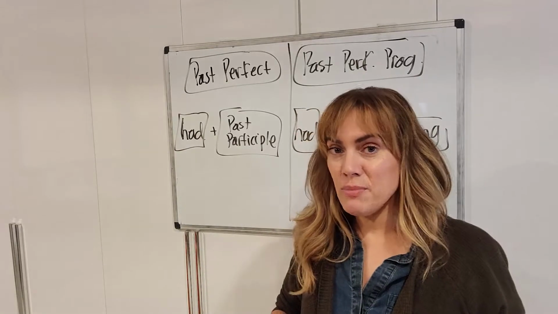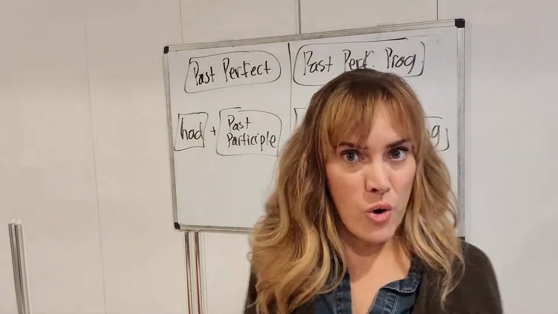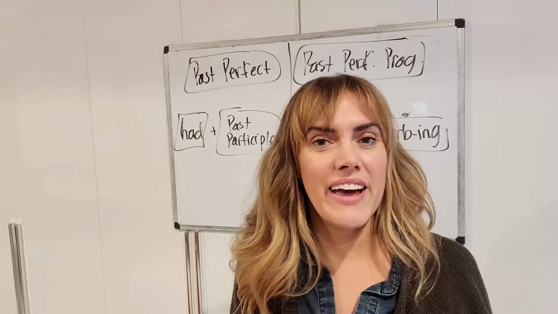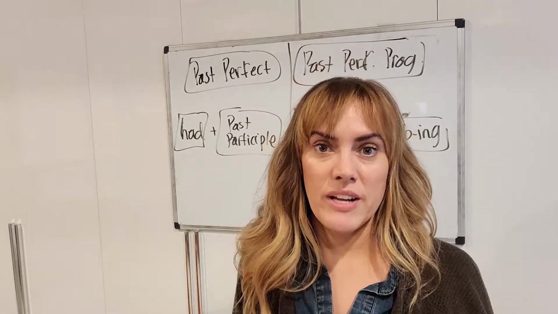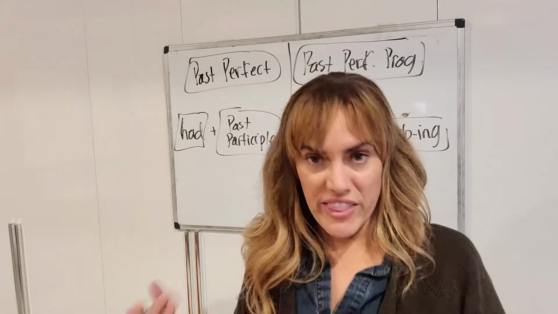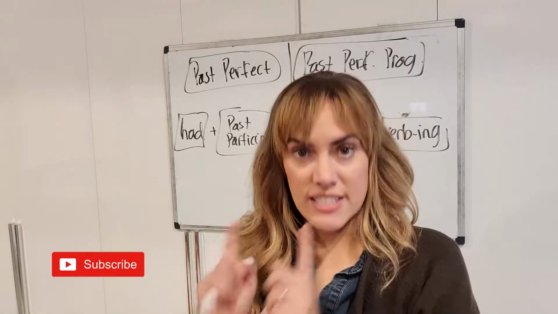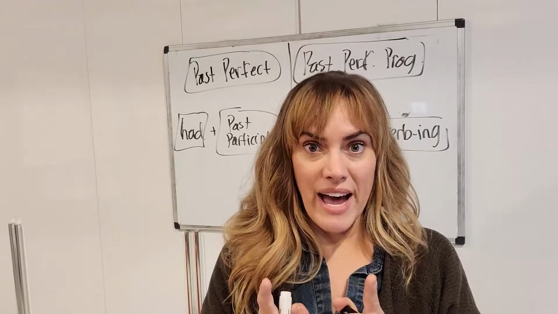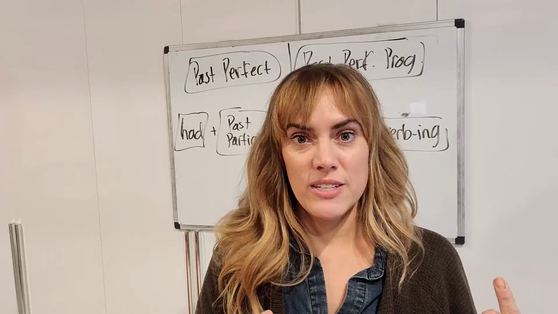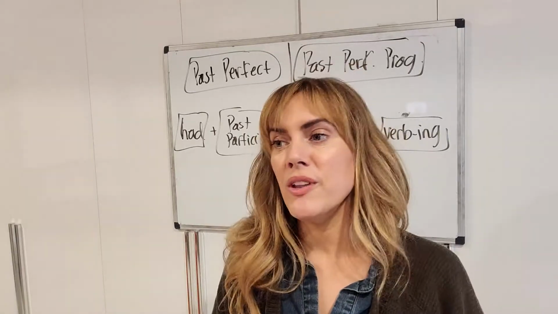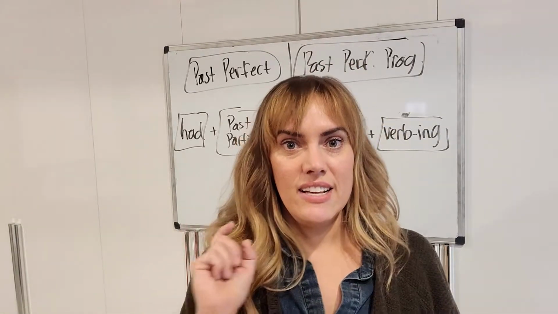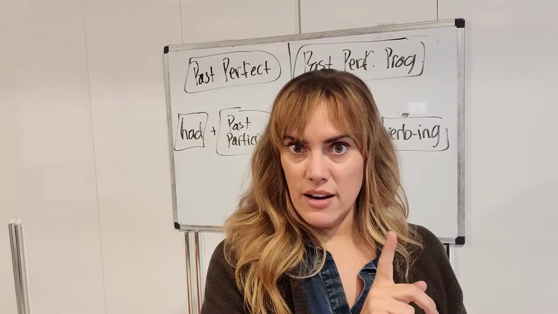Okay, the past participle is the third form of the verb. Wait, what's that? Okay, so what I usually explain to my students is when they study a verb, they study the simple present, the simple past, and then the past participle. So for example, like you have see, saw, seen.